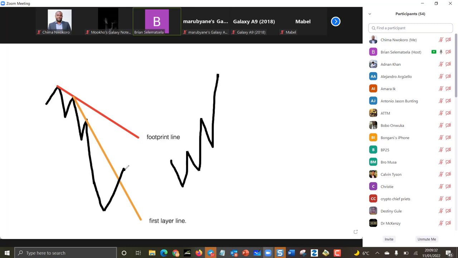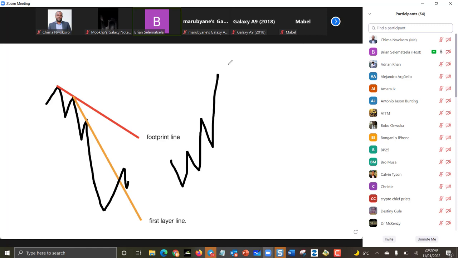After it breaks, as we know the market doesn't move in a straight line, it will eventually retest. As it retests, that's when the stochastic comes into play, so that we can start executing.